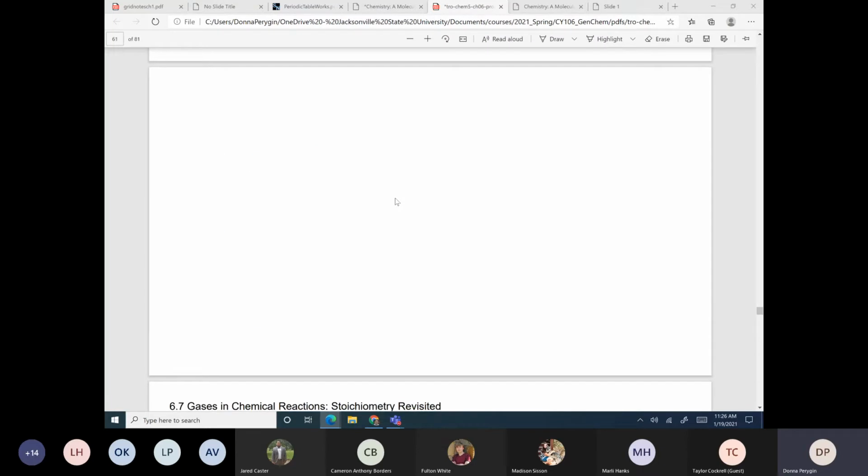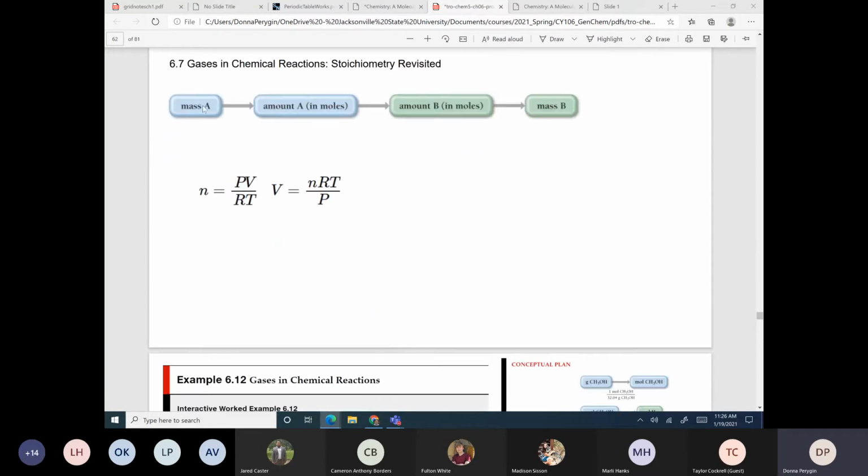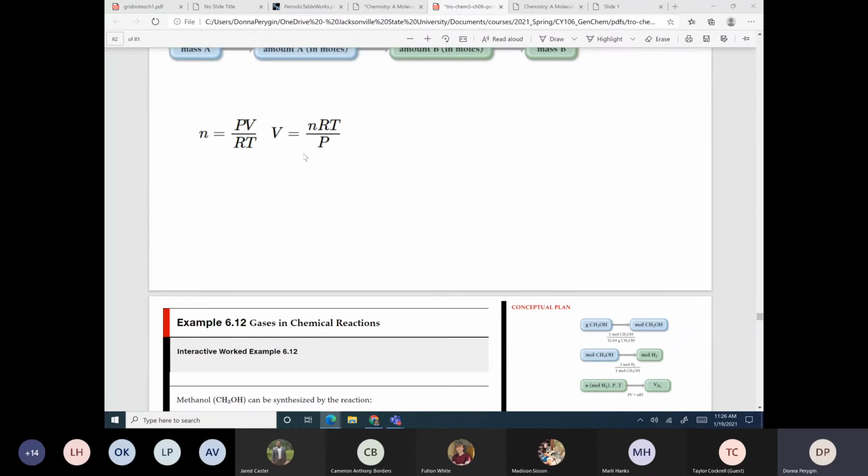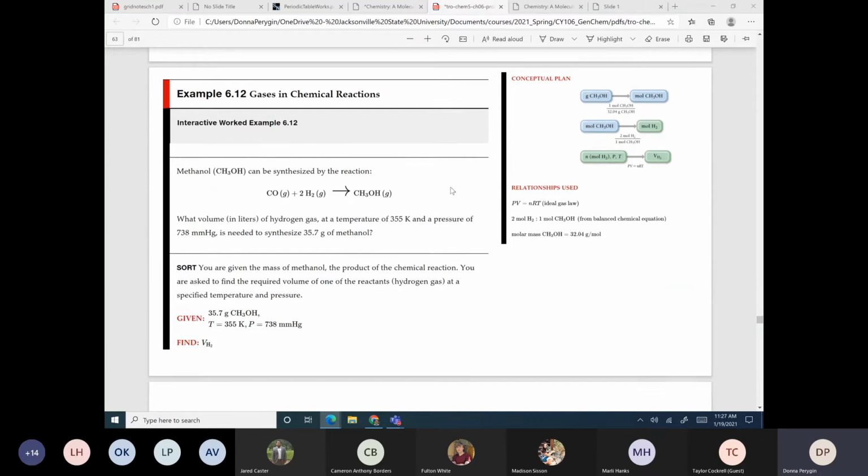So remember that if we have a mass of A, we can convert that to moles of A in a chemical reaction, and then using our balanced equation, we can convert that to moles of B, and then the mass of B. Okay, so we can get those values from knowing volume and number of moles, depending on the conditions.